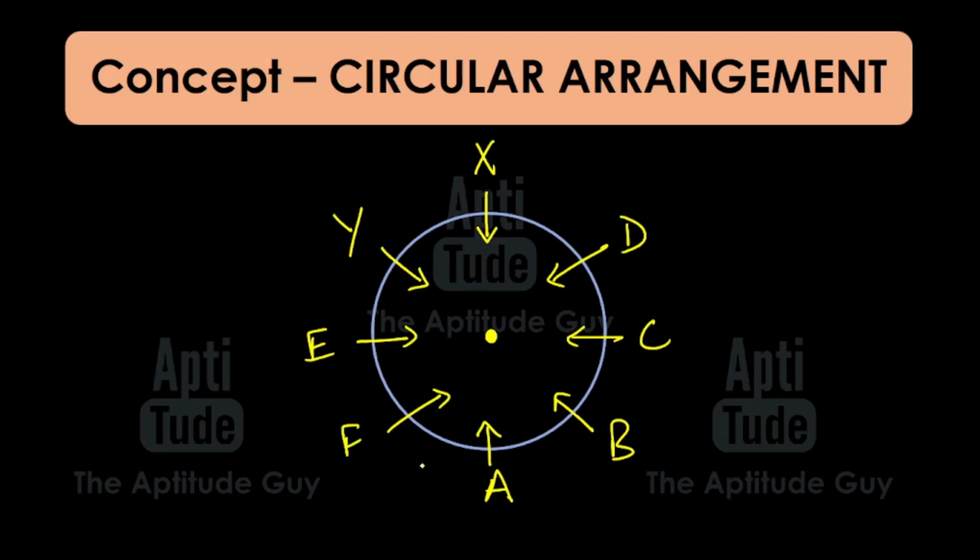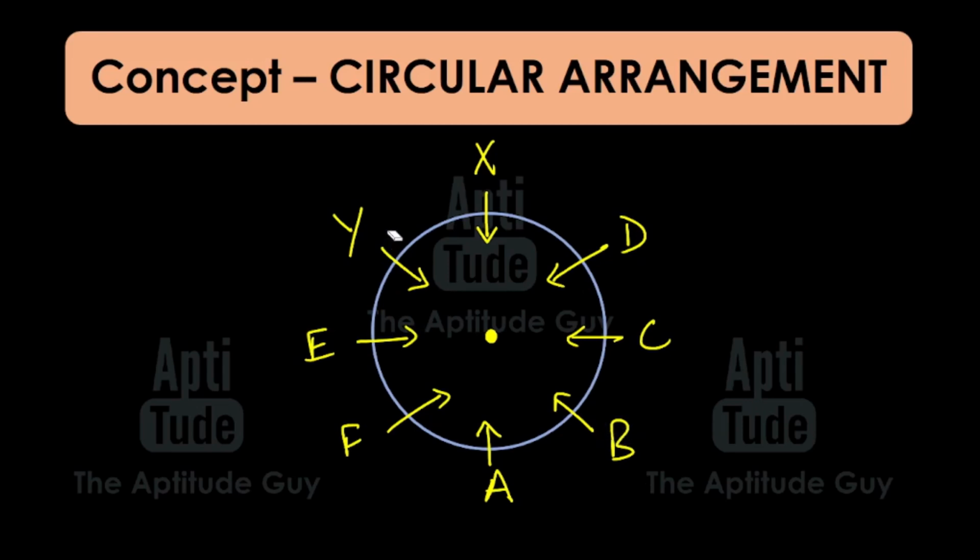All right, let's begin. Who is sitting opposite to X? Opposite to X is A. Who is sitting opposite to E? That is C. Who is sitting opposite to B?